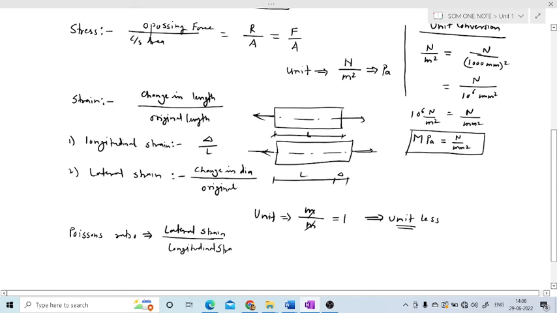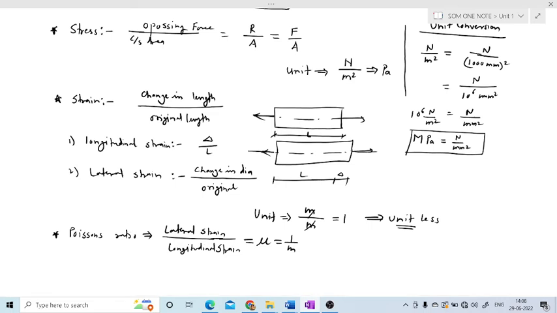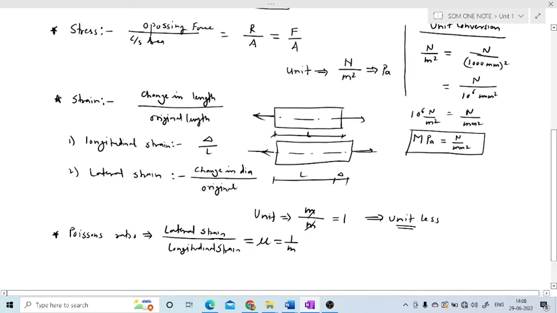This Poisson's ratio is normally denoted by mu or sometimes 1 by m. And the unit of this Poisson's ratio is unitless. So we have seen three terms. We started with the stress, then we came to the strain. There are two types of strain: longitudinal and lateral. Longitudinal is along the length, lateral is perpendicular to length, and then the Poisson's ratio.